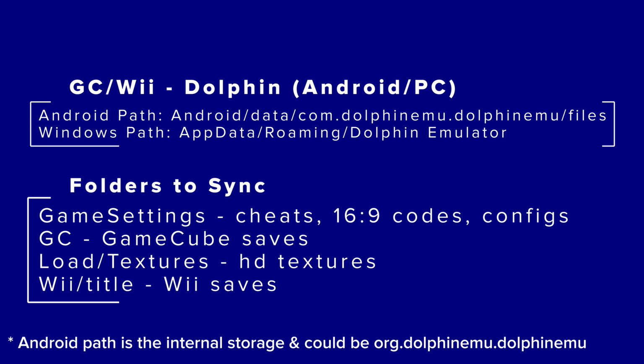I also sync game settings, which is cheats, there's widescreen Gecko codes, and any special configs. The path on PC is the AppData, Roaming, Dolphin Emulator folder. They both share the same structure, so it's the same thing. I go back and forth between Android and PC devices, sharing all of the same data.